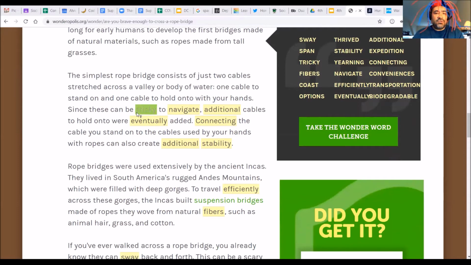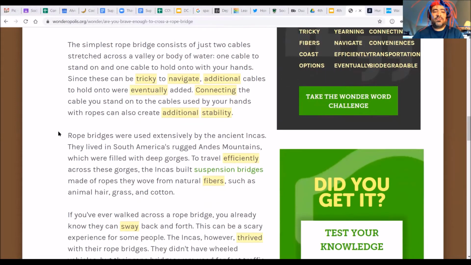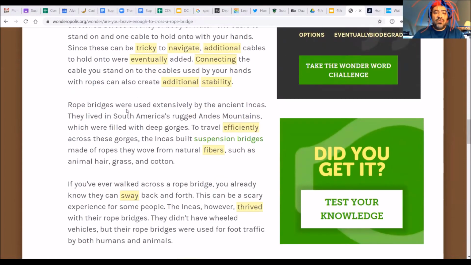Since these can be tricky to navigate, additional cables to hold onto were eventually added. Connecting the cable you stand on to the cable used by your hands with ropes can also create additional stability.